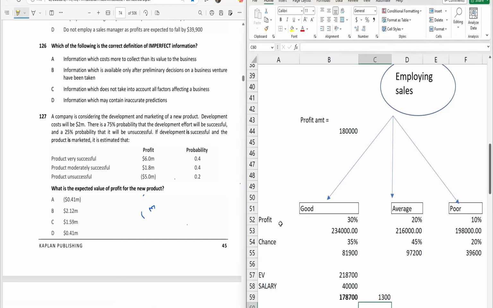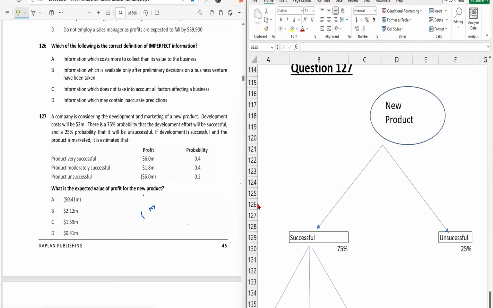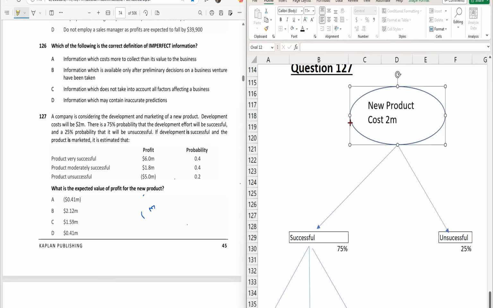So in this kind of question, you need to prepare the decision tree like this. You can see my screen. So our decision is to make a new product which costs 2 million. But again, we have two chances. Here the question is saying there are two chances that the product will be successful or unsuccessful. There is a 75% probability that it will be successful, and that means the remaining 25% is unsuccessful.